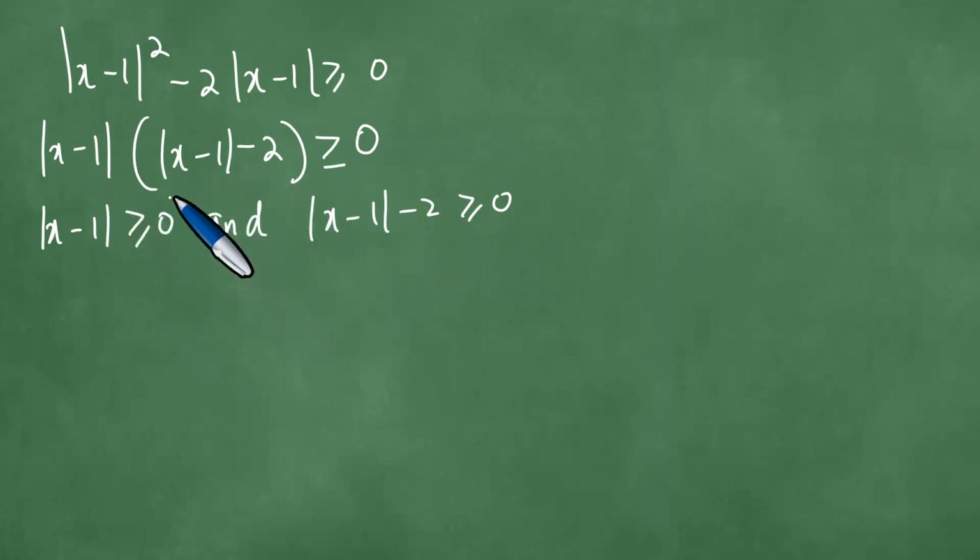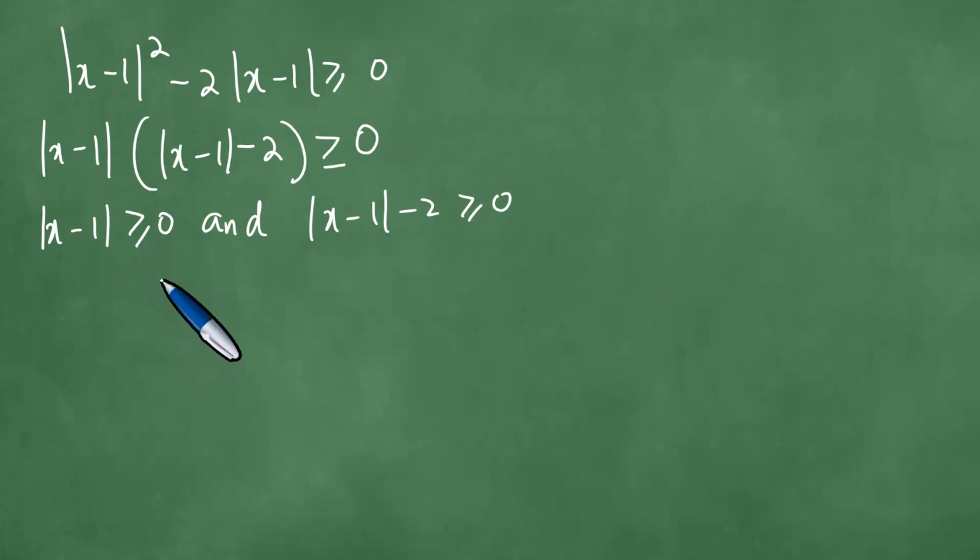Obviously, another case would be if both are negative, since a negative times a negative would yield a number greater or equal to 0. But the absolute value is, by definition, a non-negative function. So we have that exactly, and we proceed.